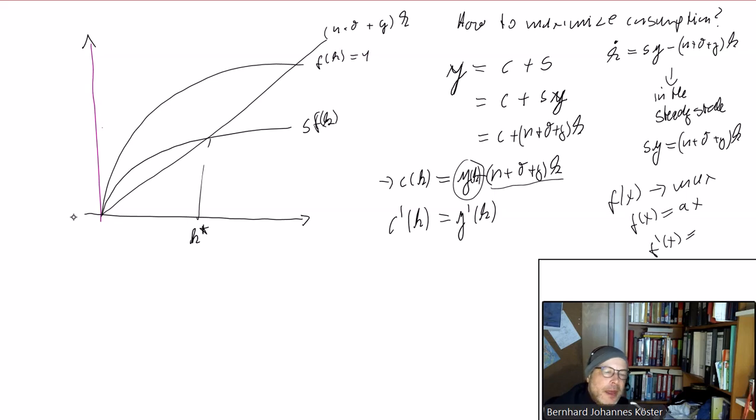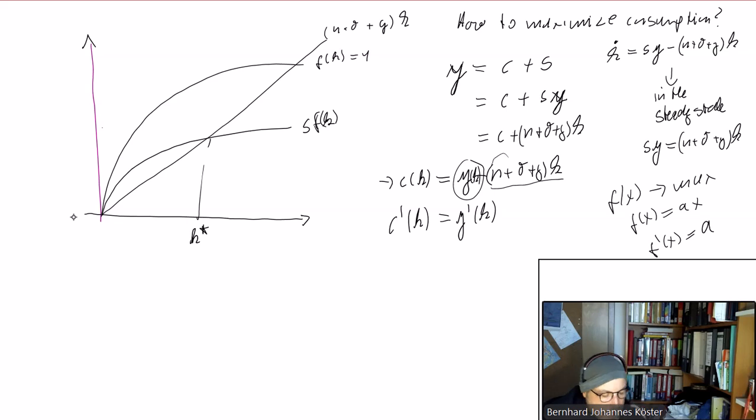Five minutes, then we are done. And no derivatives anymore. f of x equals 3 times x. What is the first derivative? This would be 3. So a.